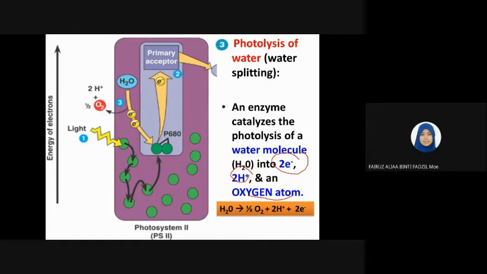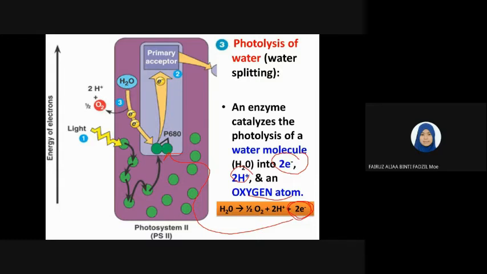So this is the formula: water split into half oxygen here, actually one oxygen atom, and then 2 protons and also 2 electrons. You can see there are 2 electrons here, isn't it? So these electrons are the ones that will go and replace the missing electrons in the P680 plus. Once P680 plus receives the electrons, it will be reduced back to P680, to allow receiving the energy from the next transfer of energy.